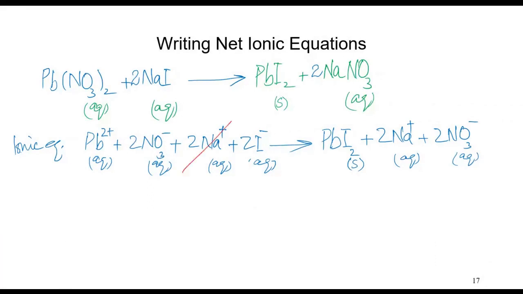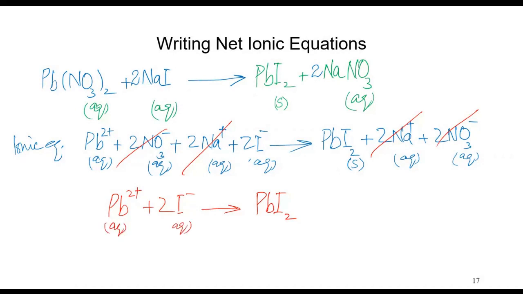So 2Na plus will be cancelled. 2NO3 negative will be cancelled. So what is left? Pb plus 2I minus, it gives us PbI2, it is a solid. Now this equation is known as the net ionic equation.